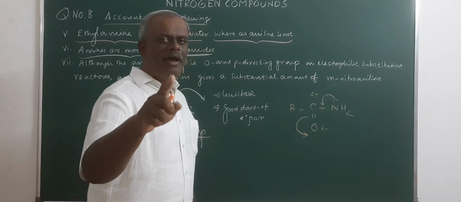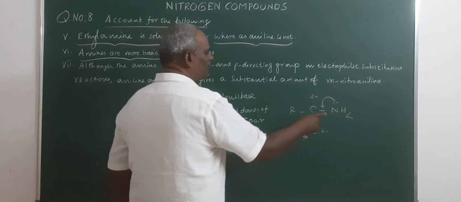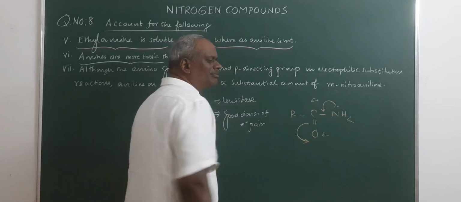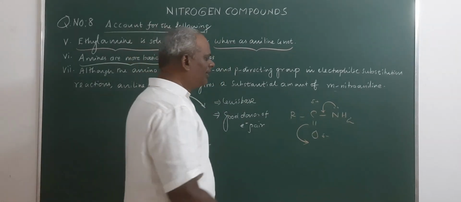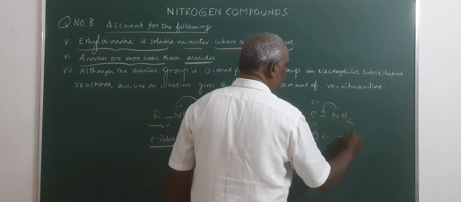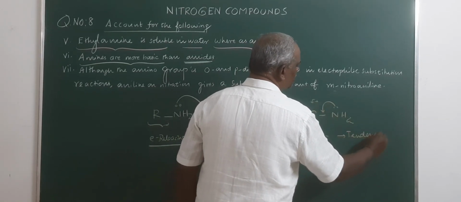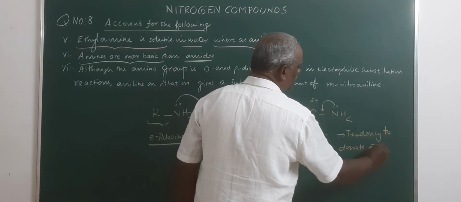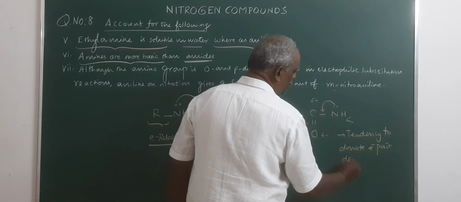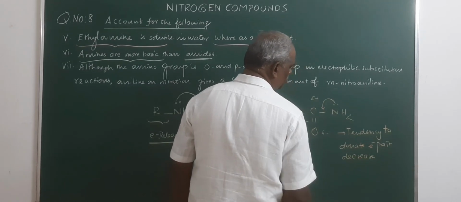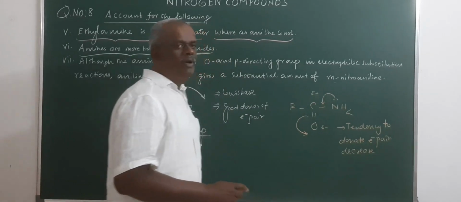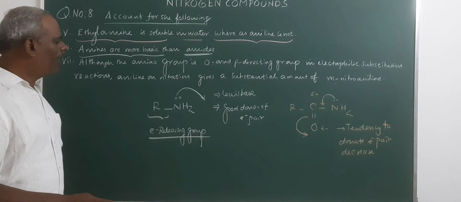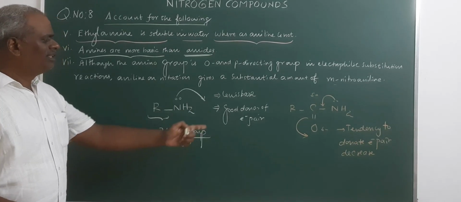So the electron pair on the nitrogen is delocalized between the nitrogen and oxygen, and hence the tendency to donate electron pair decreases. So it is not a better base, it does not behave like a base, and this is the reason why aliphatic amines are more basic than the amide.